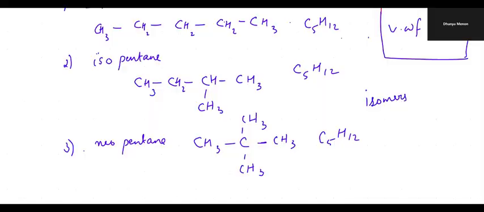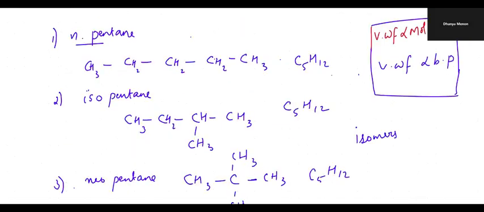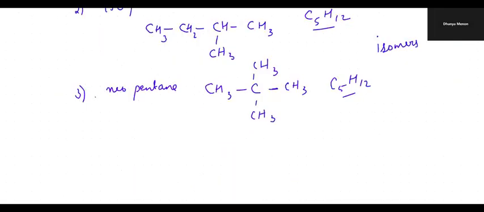Now, if I ask you to compare the van der Waals force of normal pentane, isopentane, and neopentane, we cannot go with the molecular weight because they have the same formula, so all three have the same molecular weight.